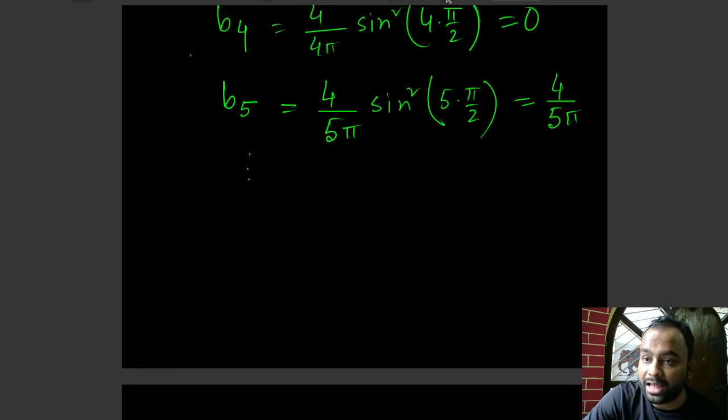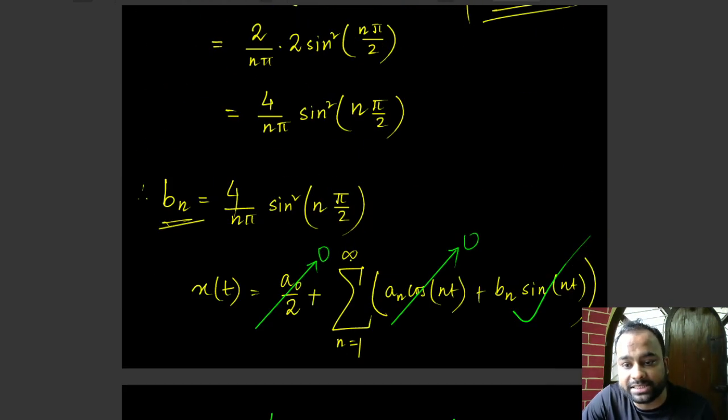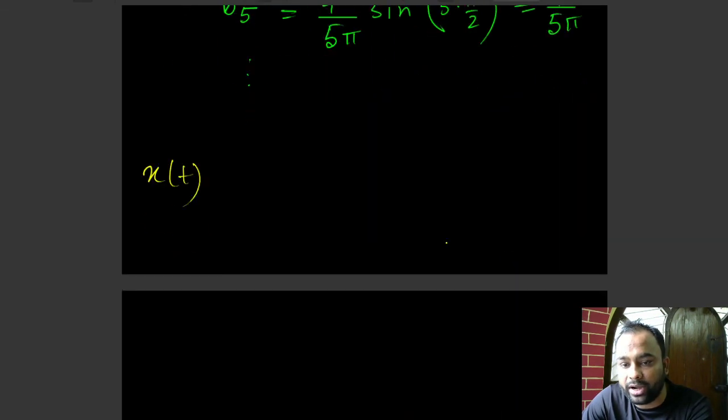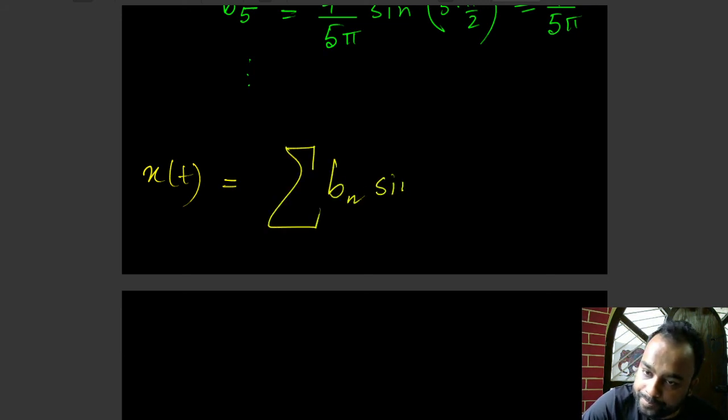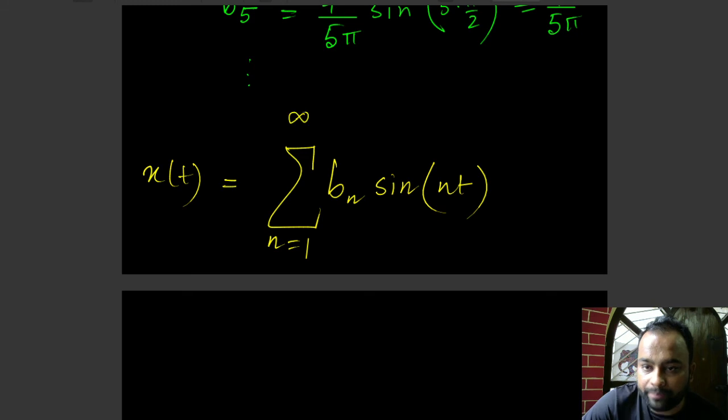So the signal we have, the general expression is this, but we don't have any DC component and we don't have any cosinusoidal component. For this particular example, we only have the sinusoidal component. This signal is simply a summation of Bn sin nt from n equal to 1 to infinity.